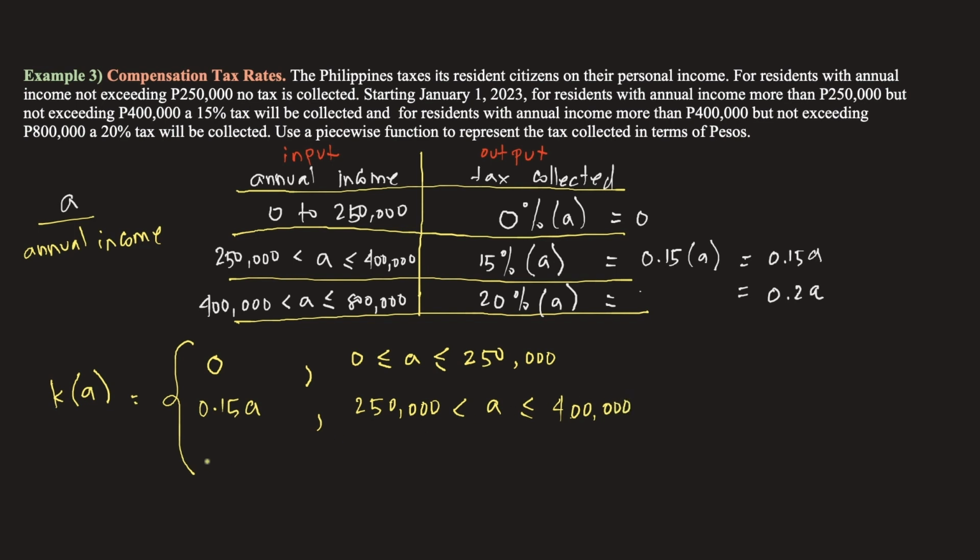And the third line will be 0.2a whenever the income is more than 400,000 but less than or equal to 800,000. Okay, so as you have noticed, our third example is the simplest of all the examples that we've dealt with in this lesson. So let me encircle this.